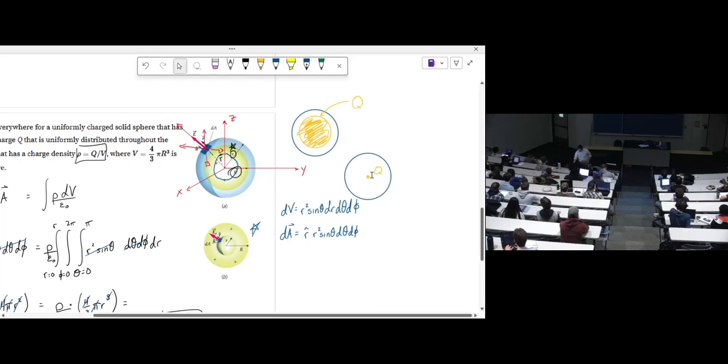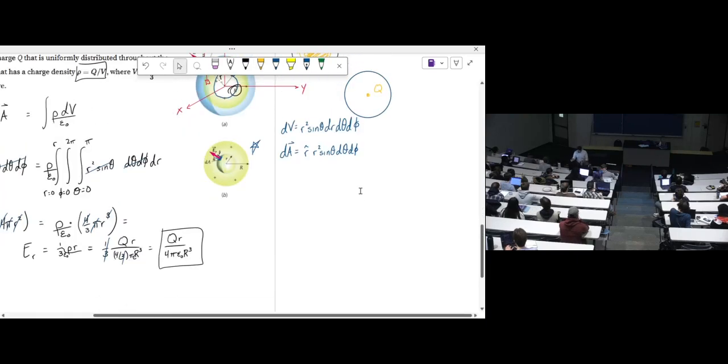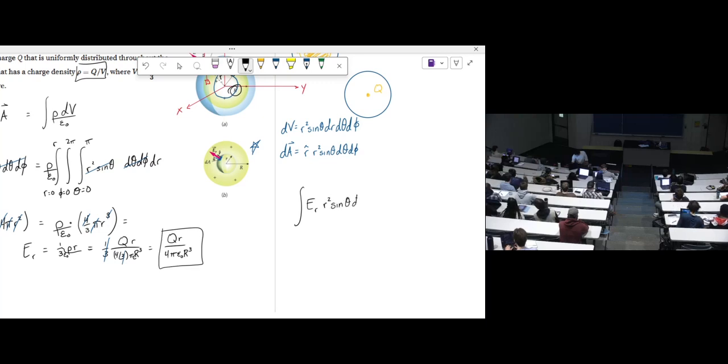And so what I expect to get is, instead, my integral of E sub r times r squared sine theta d theta d phi equals Q enclosed over epsilon naught.